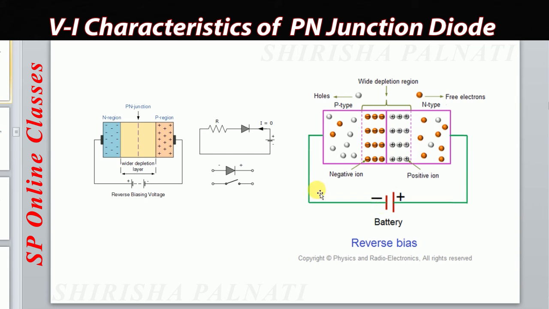We apply negative to the anode and positive to the cathode. The negative is connected to the p type, which has majority charge carriers, and the n type is connected to positive. So both are in reverse terminals. That's why current does not flow in the diode, because the majority charge carriers are moving away from the junction.